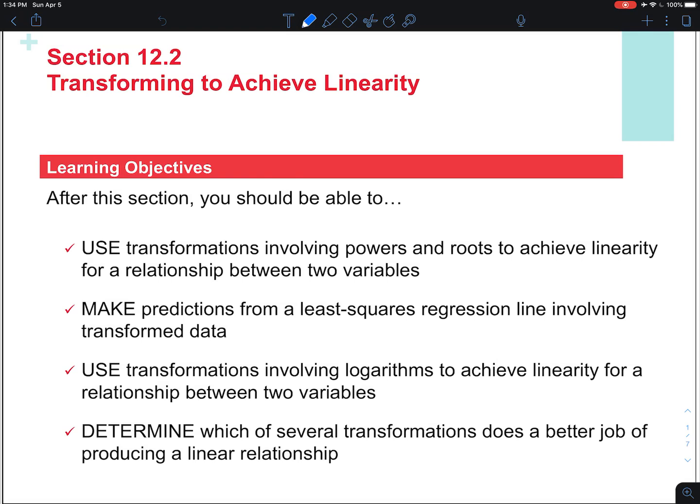Hey guys, in this last section of the course, 12.2, Transforming to Achieve Linearity, we're going to look at, again, quantitative relationships, scatter plots, and see, if not linear, what can we do?